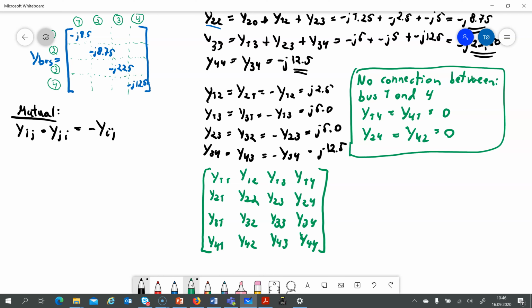This is a 4x4 matrix for this system. You can see that the first number is the row and the second is the column. This is what we call the diagonal, and it's symmetric along this diagonal, so we only need to store the upper triangular part when you solve this. It's called a nodal admittance matrix.